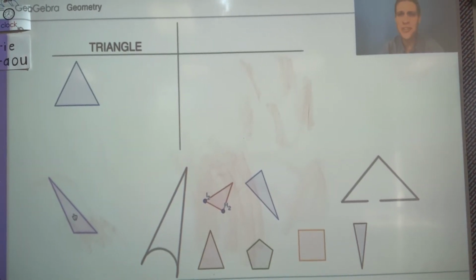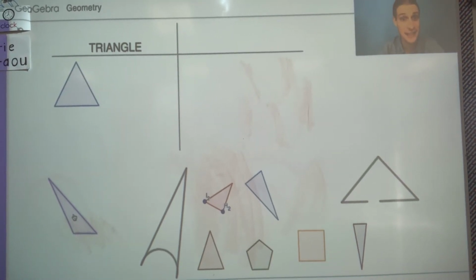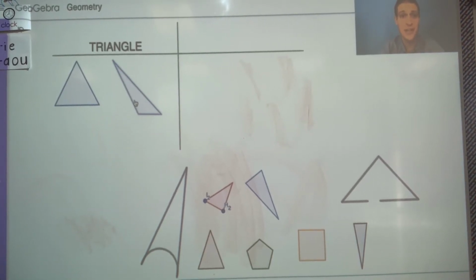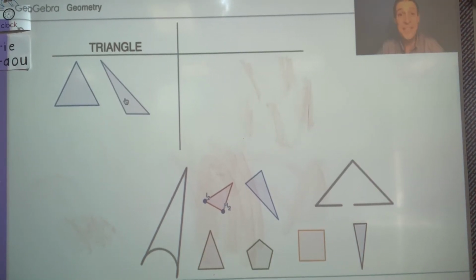And what do the sides of this shape look like? Think. Say it. Are they straight or curved? They are straight. This is also a triangle. Let's put it up next to the blue triangle. This purple shape is a triangle because it has 3 straight sides and 3 corners.